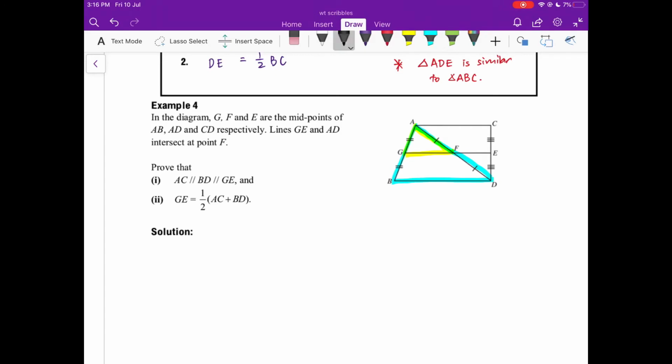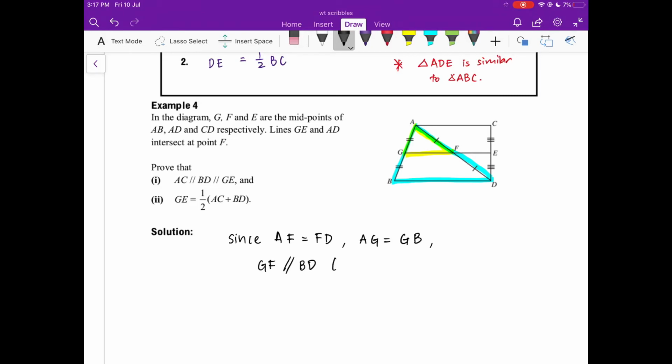Since AF equals FD and AG equals GB, we can prove that GF is parallel to BD.